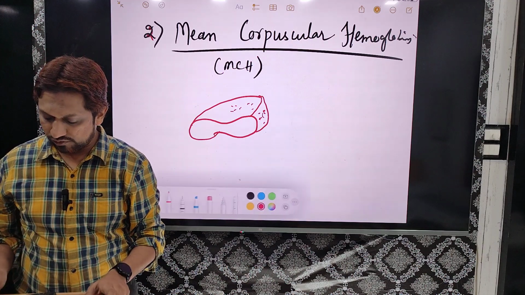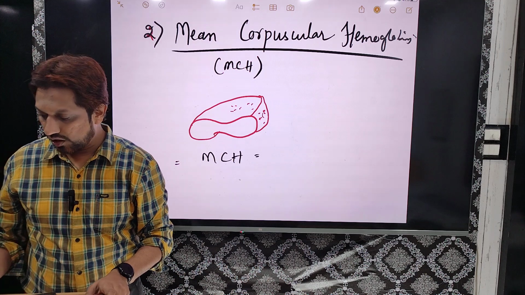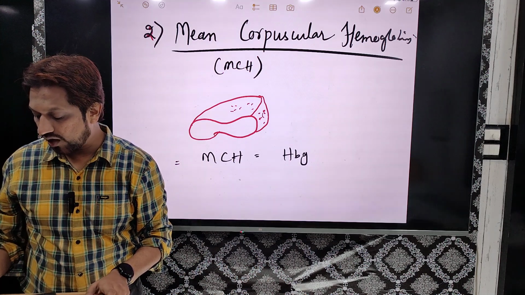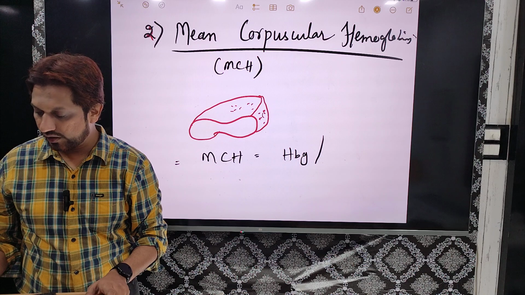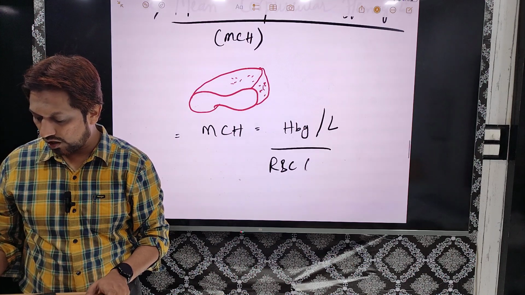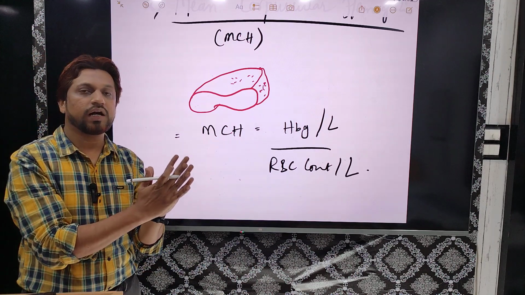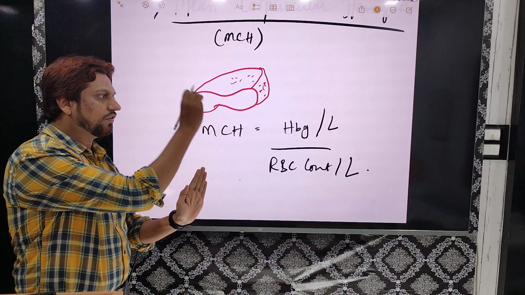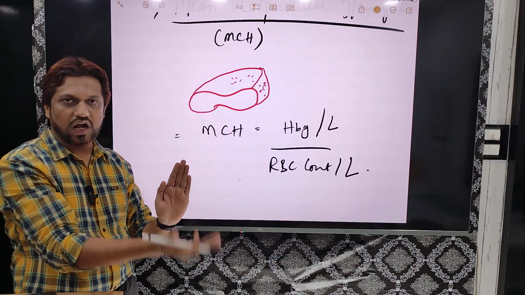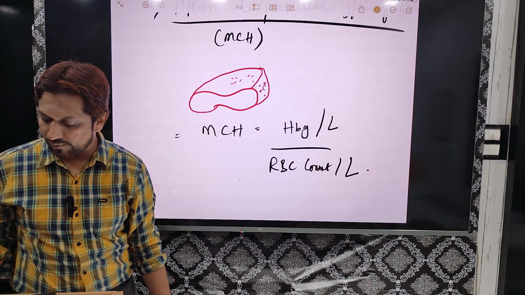The formula to calculate the MCH is hemoglobin in grams per liter divided by RBC count per liter. That means if we take 1 liter of the blood, how much is the hemoglobin weight in grams and how many RBCs are there?